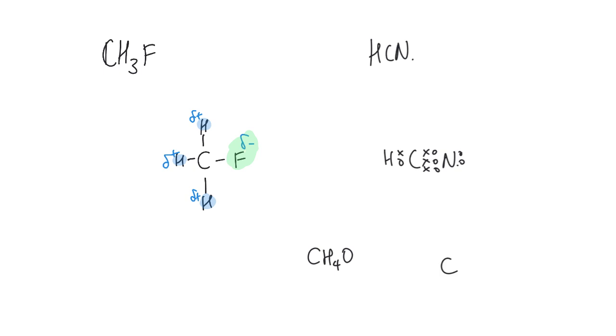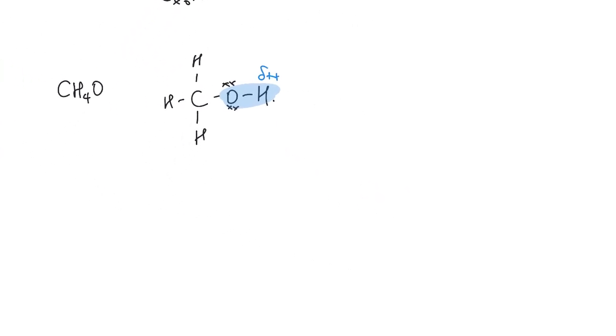All right, CH4O. The only way that this one can be drawn is like this. Got the extra electrons there. So here is my very positive hydrogen because it's bonded to an N, O, or F. And if this is going to have hydrogen bonding to another molecule, I have to think about how I'm going to draw this.